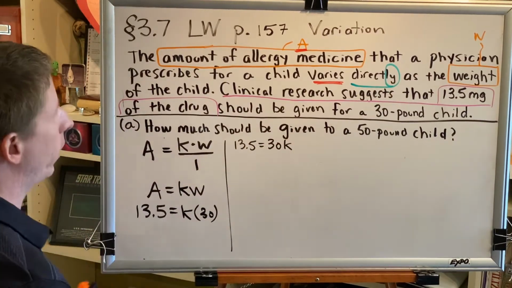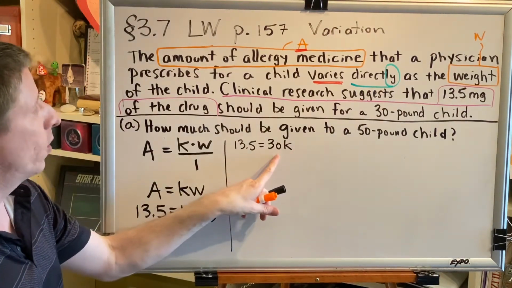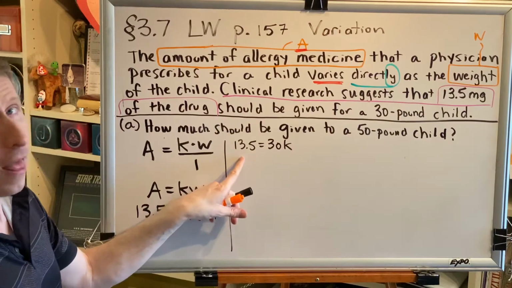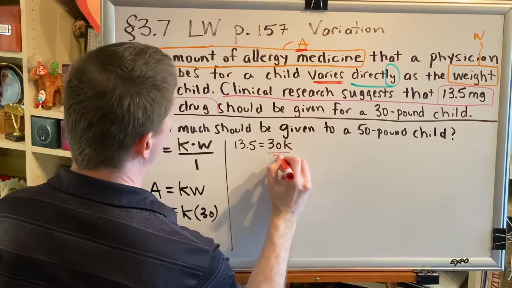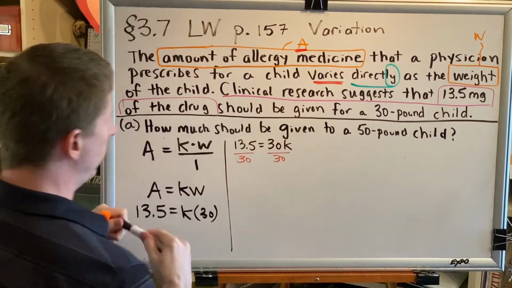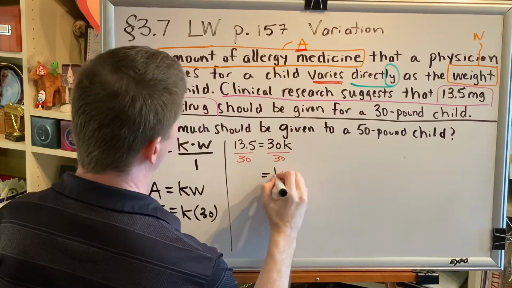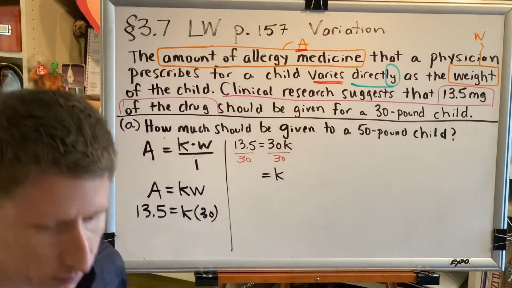Now be very careful here. The variable K is on the right side. So we're going to divide both sides by 30, not 13.5. Divide by 30, divide by 30, and we get K equals, probably going to pick up our calculators for this one. Let's see what we get.